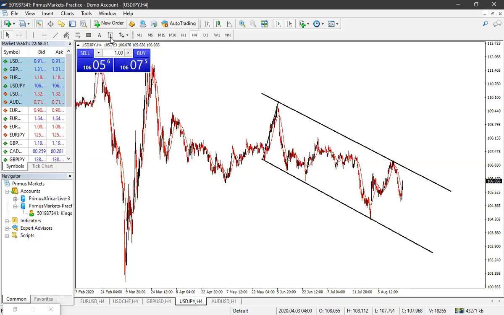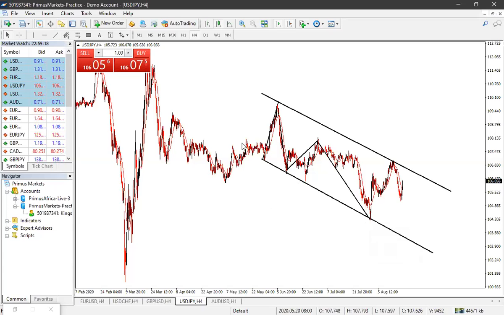It has gone up, it has created a high, it created a what? A low, and then it created a lower high, and here it created a lower low, because this low here is lower.